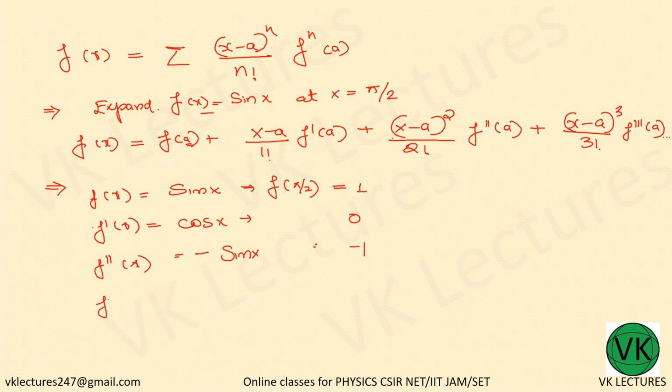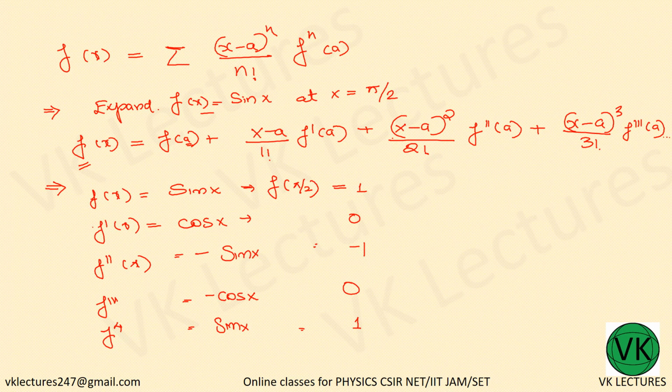Then f triple dash will be equal to minus cos x, again it will be 0. f4 equals sin x, and these terms will repeat in this fashion. Okay, now we need to substitute for these things.